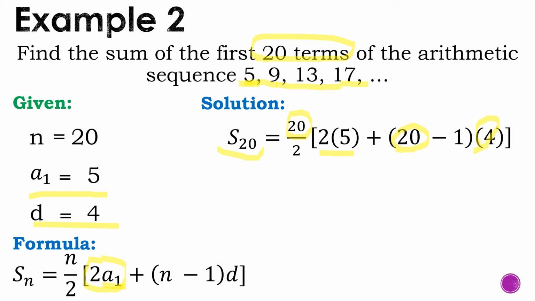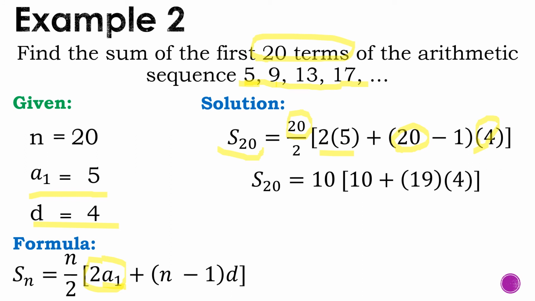Okay? Now, use the PEMDAS. So, 20 minus 1 is 19. And then bring down 4. 2 times 5 is 10. And then outside the parentheses, you divide. 20 divided by 2, that is 10. So, let us continue. 19 times 4 is 76.